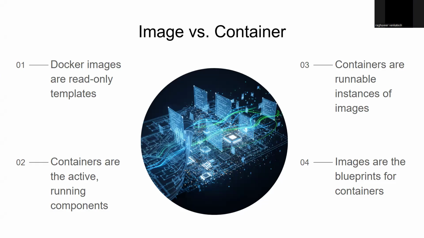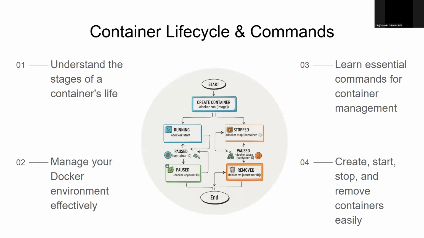A Docker container is the running version of that image, like your final product, a cooked dish. The Docker program takes the image, looks at the recipe, and creates the container, which is the running instance inside your machine.